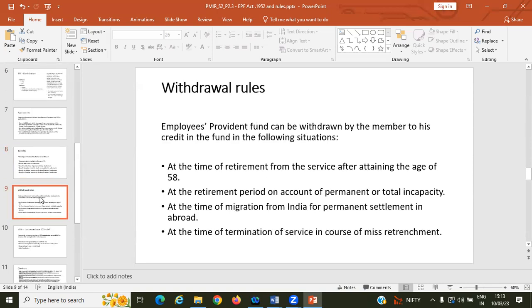And there are certain rules to withdraw the money from the funds. Those rules are given here.